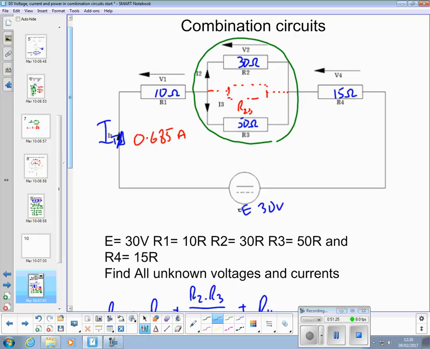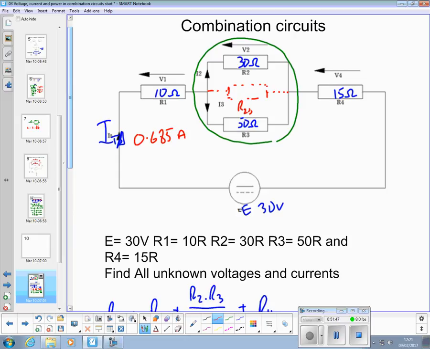All that current IT passes through that pair of resistors and comes out the other side, so all of that current would be travelling through that equivalent resistor.